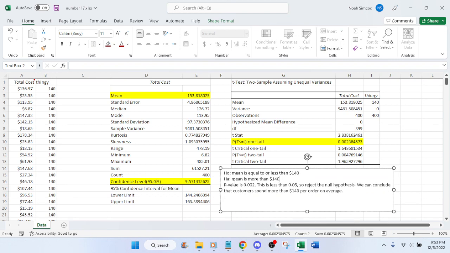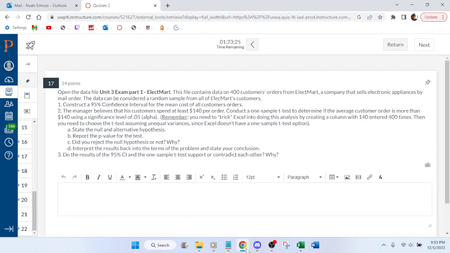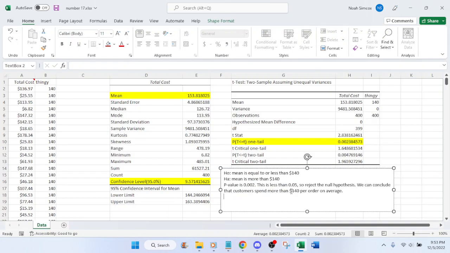Confidence, do they contradict each other? The 95% CI and t-test agree.